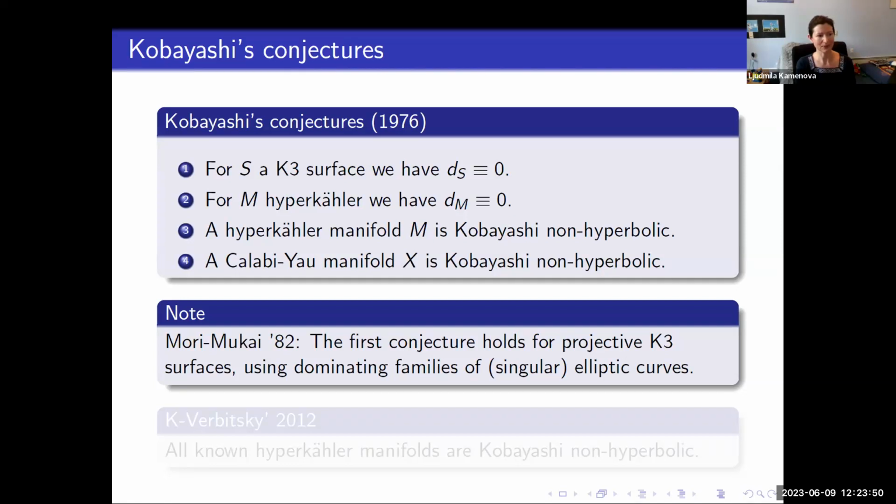So then, using the triangle inequality, you see that the pseudo distance between any two points is 0. So at least for a projective K3 surface, we have that the Kobayashi pseudo distance is 0.